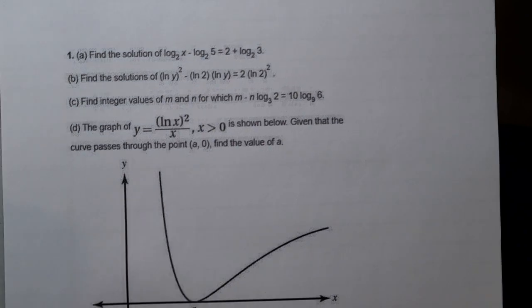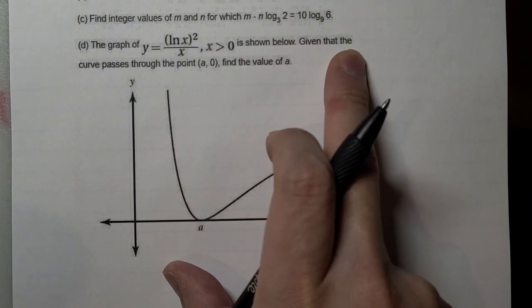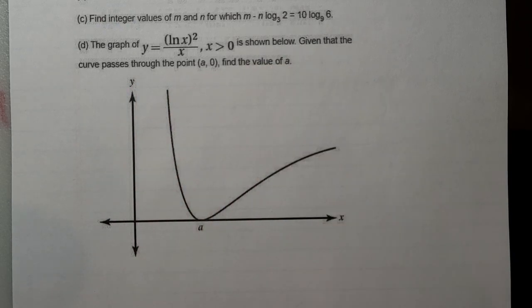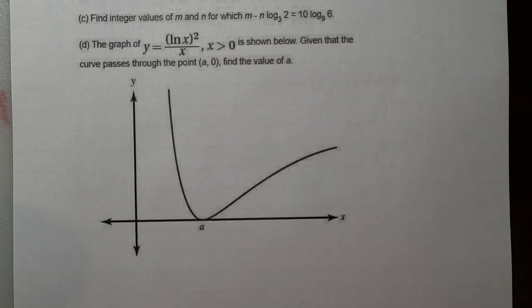Okay, and then finally, this part D is actually quite easy. The graph of this guy is shown below. Given that the curve passes through the point a comma 0, find the value of a. Okay, so let me get a pencil actually to do this one. Okay.